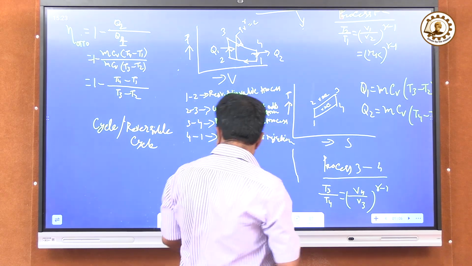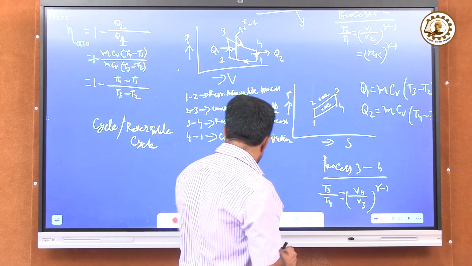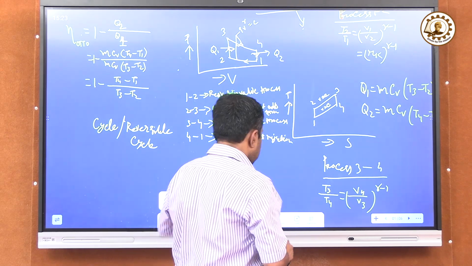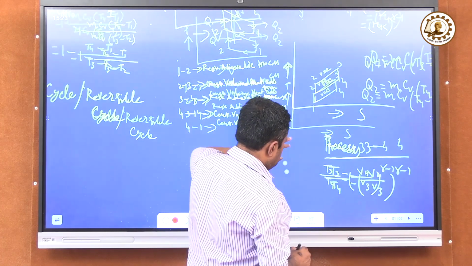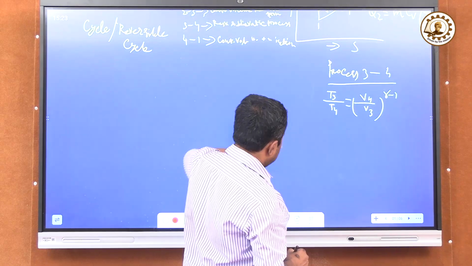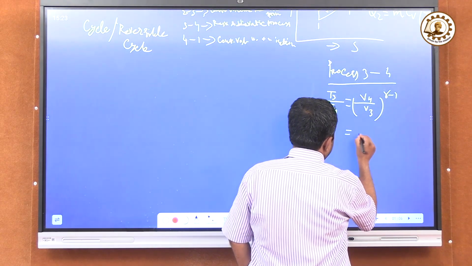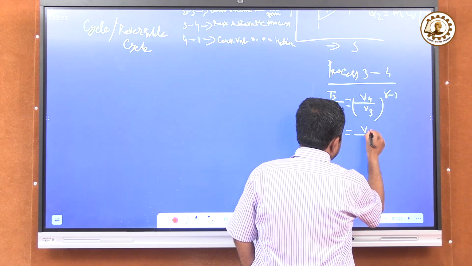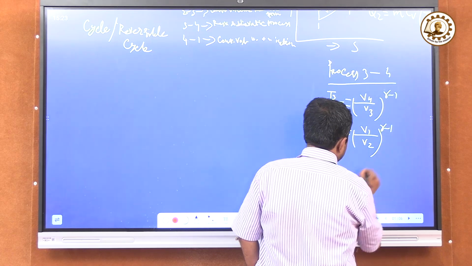Now we can write it is V1 by V2 to the power gamma minus 1.